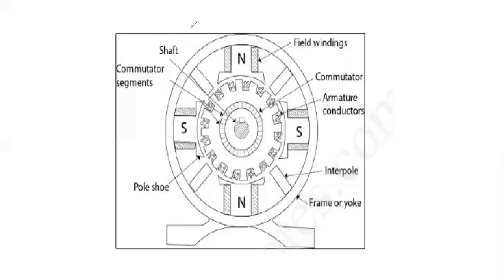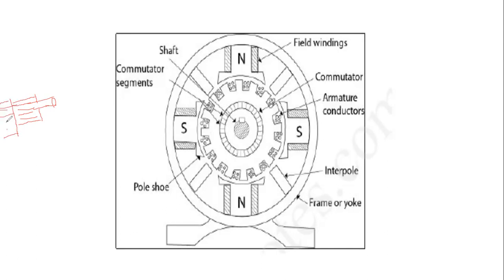What are the three parts? This is the shaft. On that shaft, we have the commutator. On that commutator, we have the armatures.